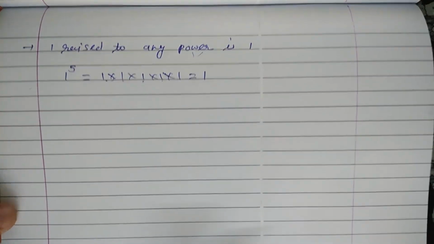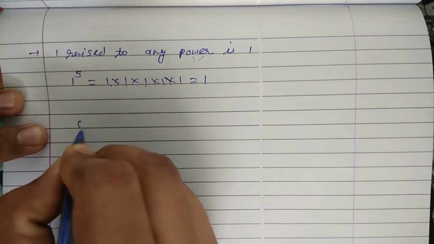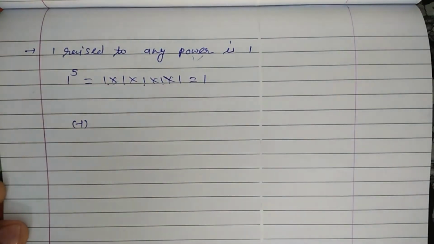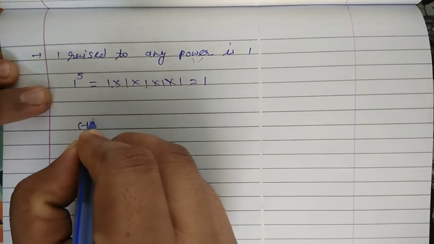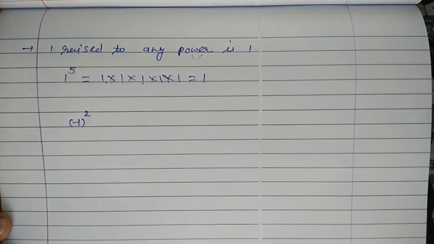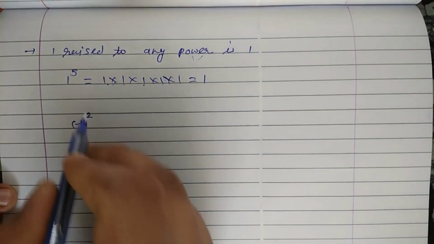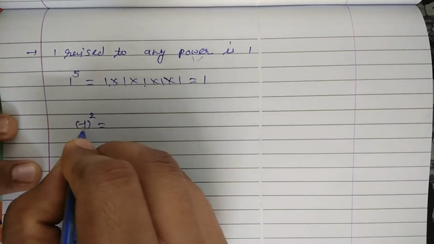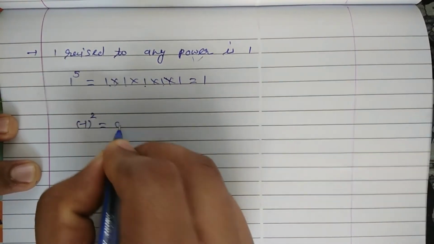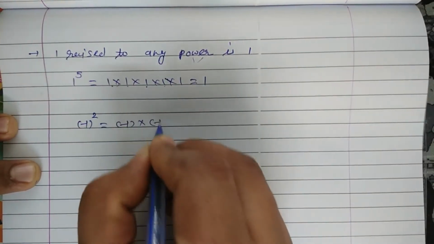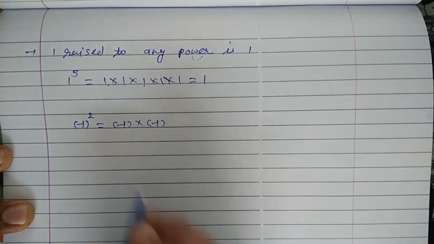Now for negative number, for minus 1, if we take even power, for an example, if we take 2, which is an even number, we will get the answer in positive form. Means if we simplify this, minus 1 raised to 2 means minus 1 multiplied by minus 1.